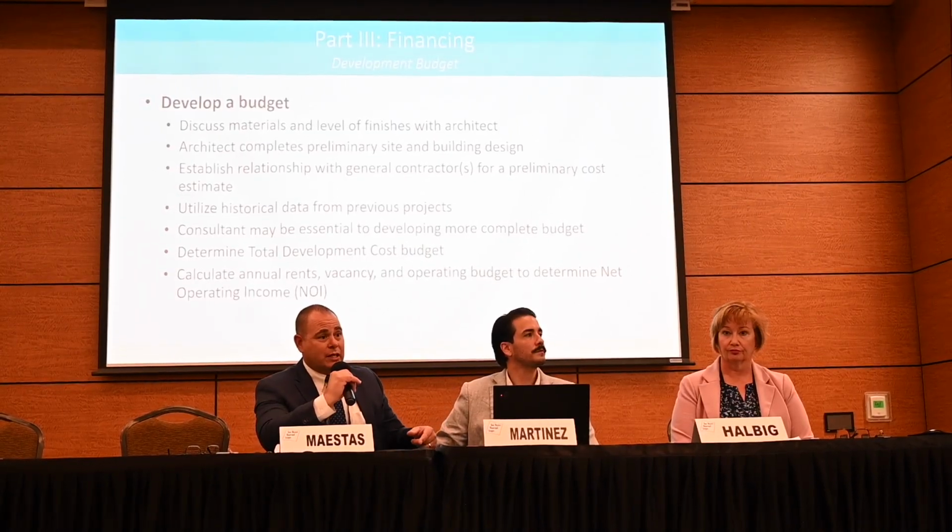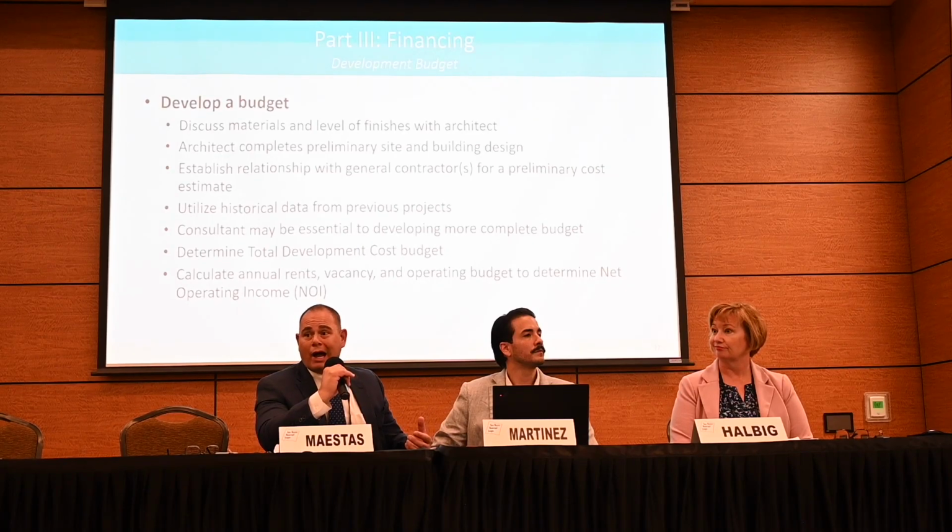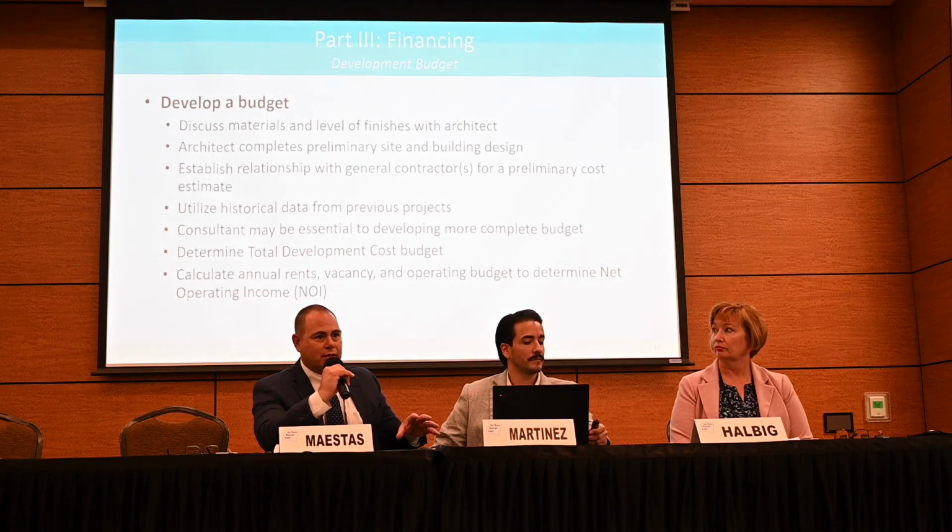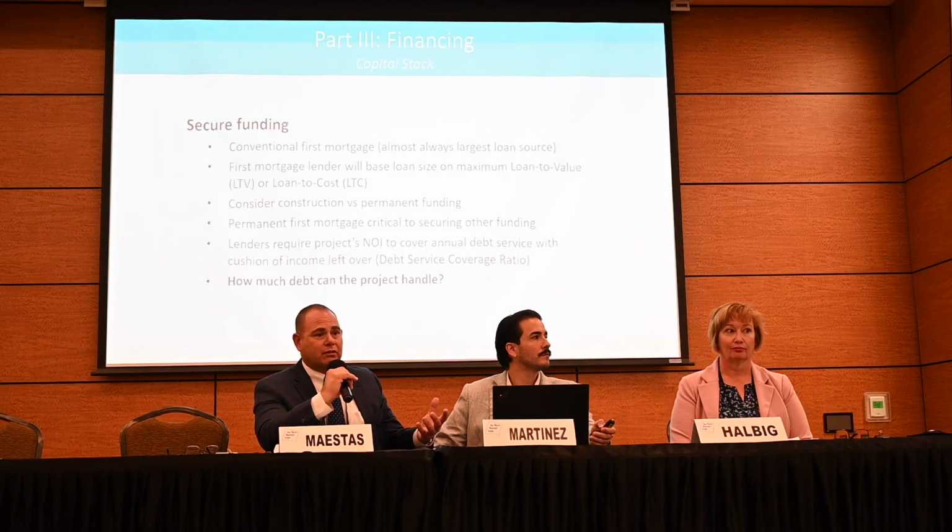But guess what? You have the same expenses. In fact, you might even have a little bit higher expenses. So that's where trying to determine what that net operating income is. And do I have enough net operating income? Is this project feasible?